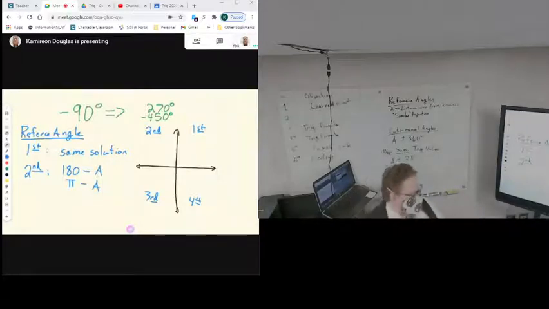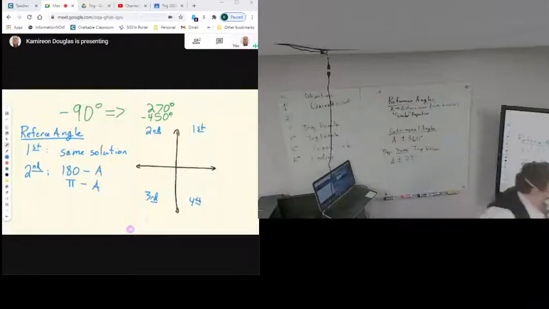I can prove it. Let's take a look at some of the ones we had last time, like 120. According to our picture, that is 60 degrees away from the axis. I can check that. I just plug 120 into the formula. 180 minus 120, 60 degrees is my reference angle. It's how far away it is.